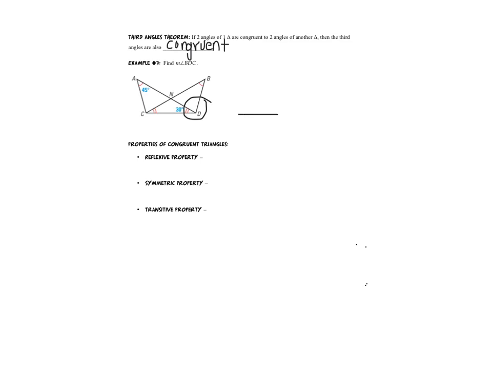So what I'm going to do really quick is just redraw this triangle, BDC, to make it a little clearer what I'm doing here. So I know that the top angle, angle B, like I said, is congruent to angle A. So it is 45 degrees. This bottom angle here is equal to this bottom angle over here, so it's 30. So now I know that the measure of angle D plus 45 plus 30 is equal to 180.